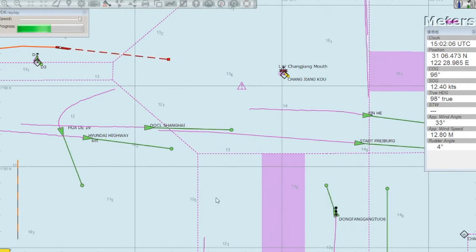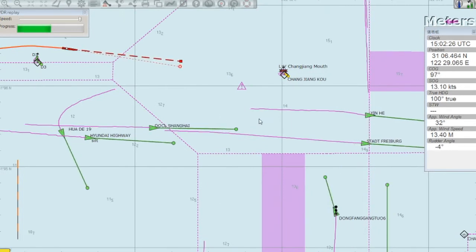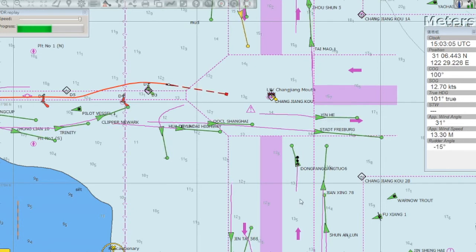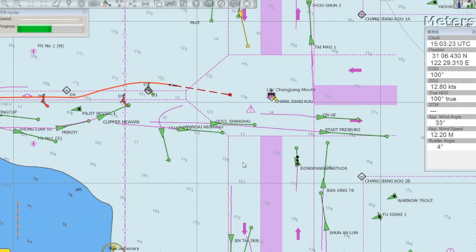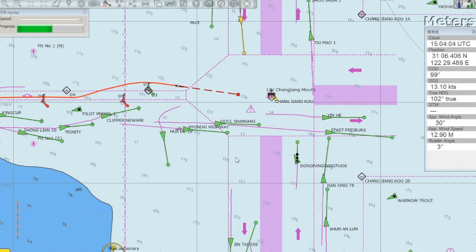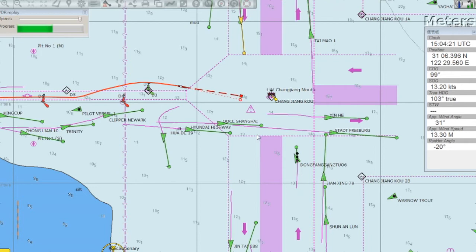So once his coastline points to 101 degrees, then his collision risk is right behind.